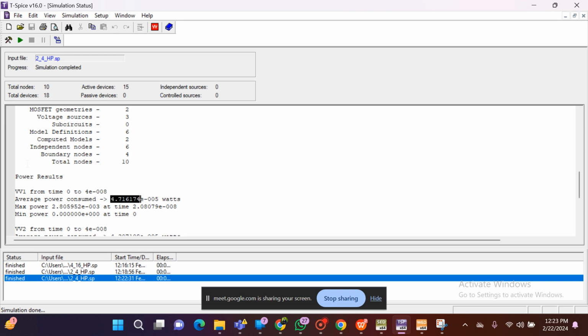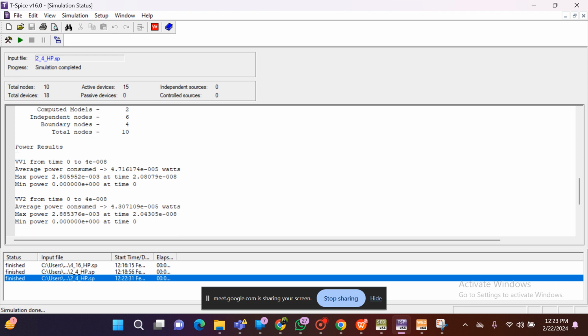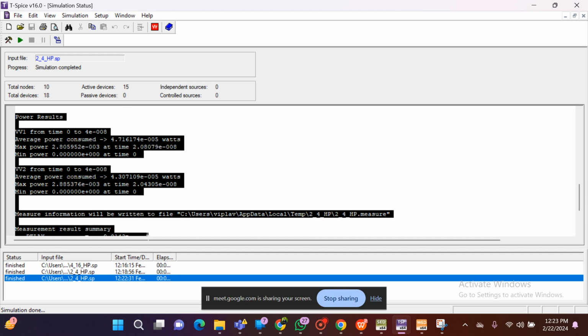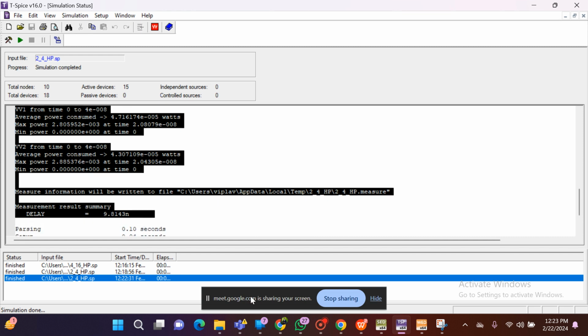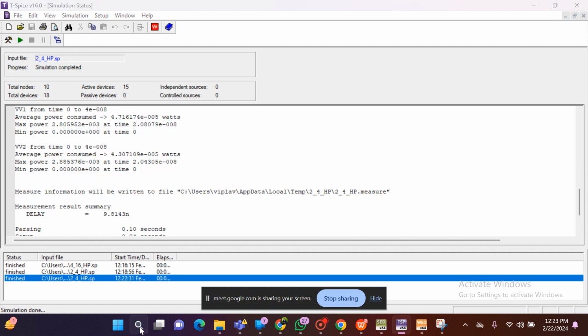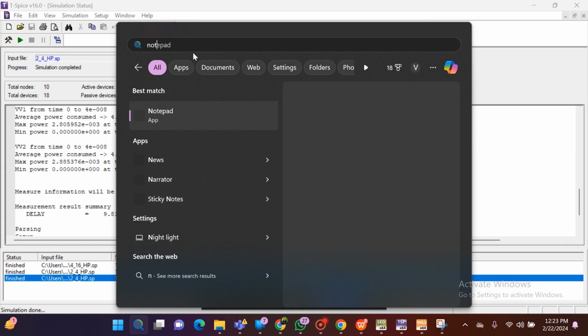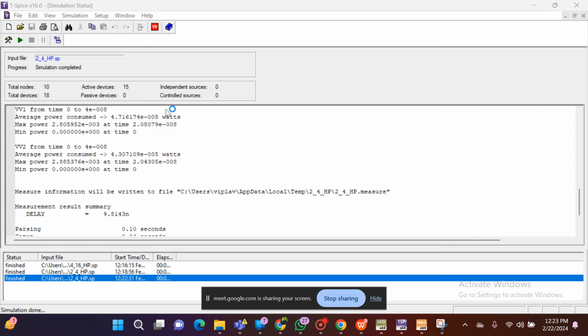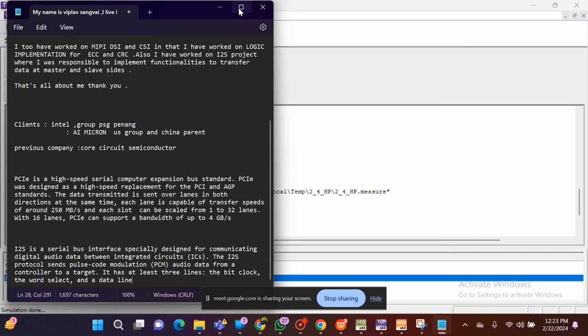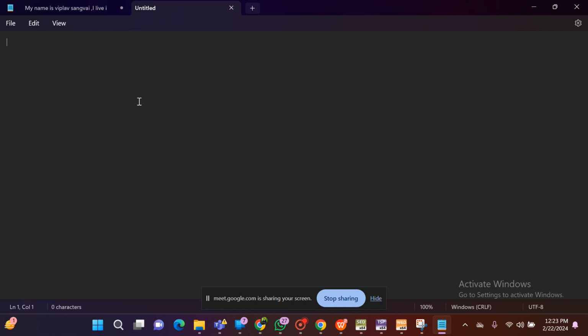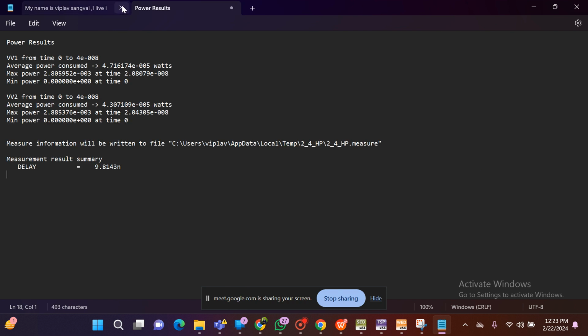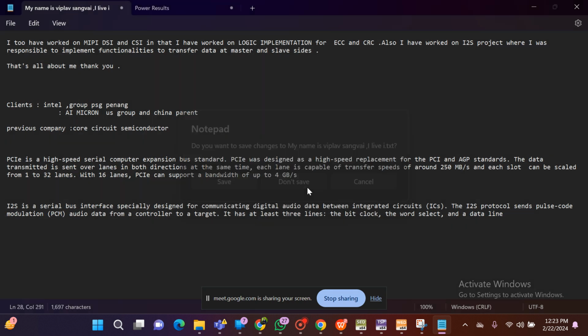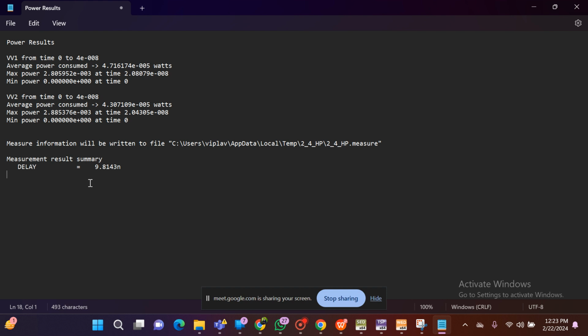So what we'll do, I will just copy this so that it will be better. See here, this average power consumed 4.71 is there, and it is e to the power of -5.